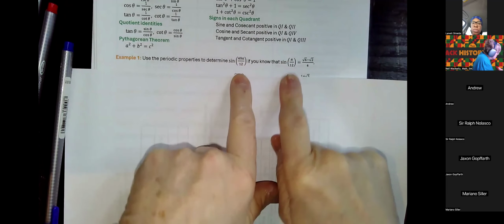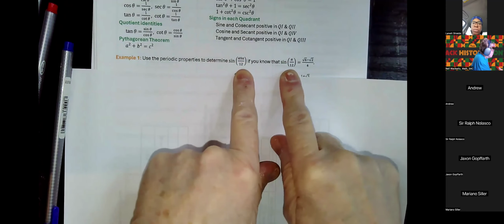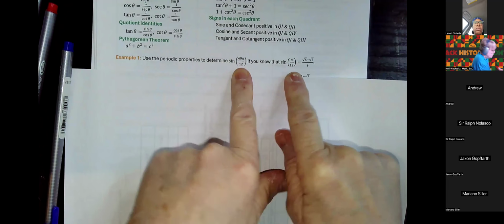It's because there's a 12 in the denominator. So that's the thing that has to be there in order for this identity to work. The 12 has to be the same, because you notice that both fractions can't be reduced anymore.